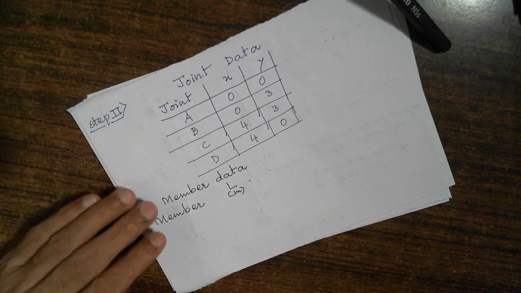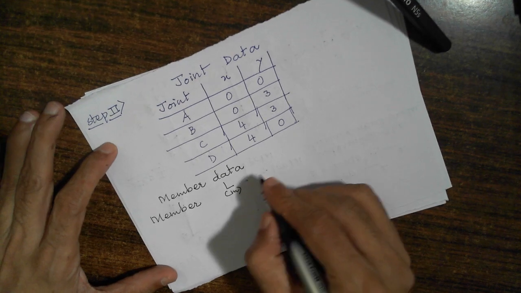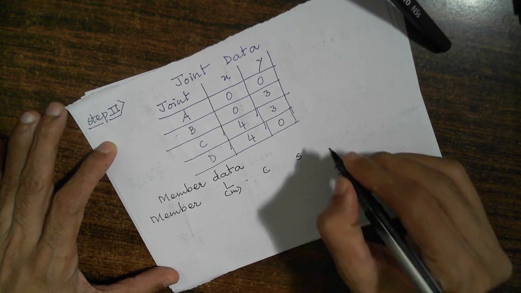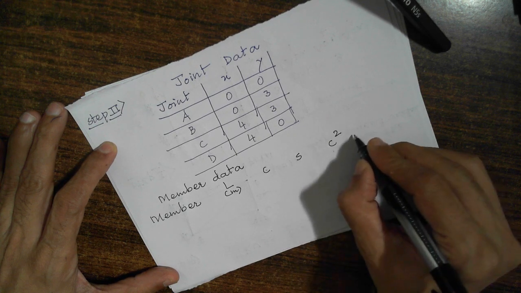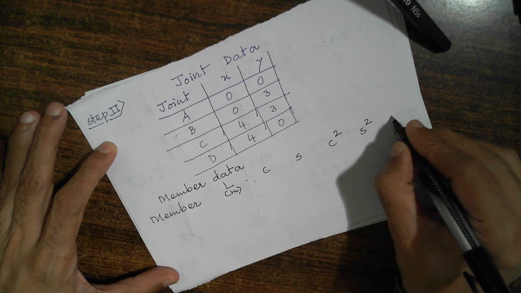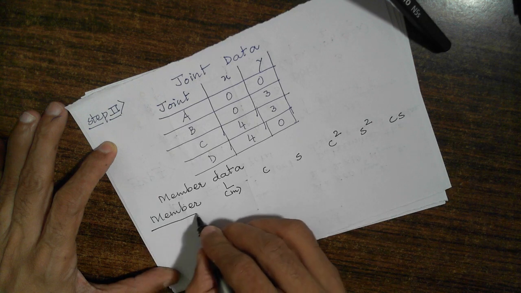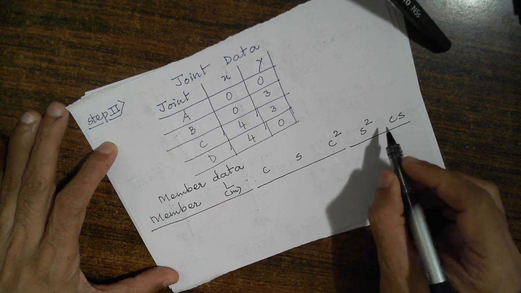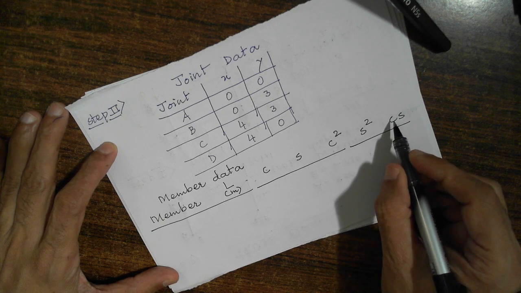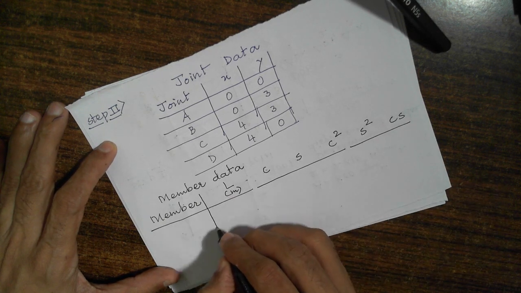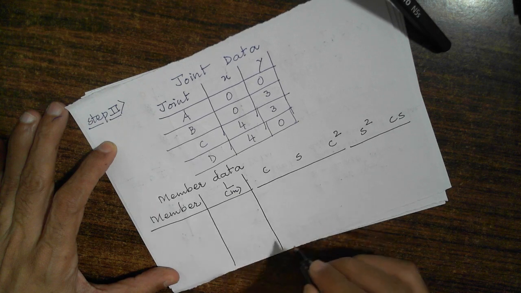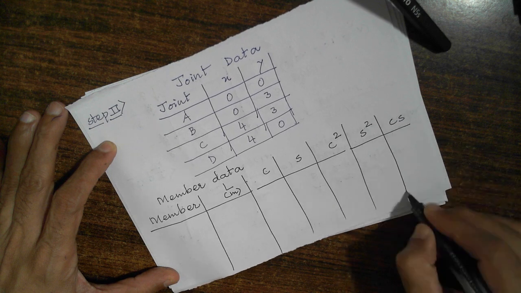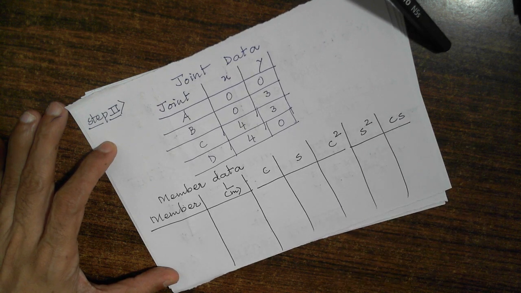Since area for all the members is given as same, I did not mention that A. Then next is cos theta C, sin theta S, cos square theta, sin square theta and CS. These are the elements in the stiffness matrix of the member in global terms, and that is why I need to write them right over here.